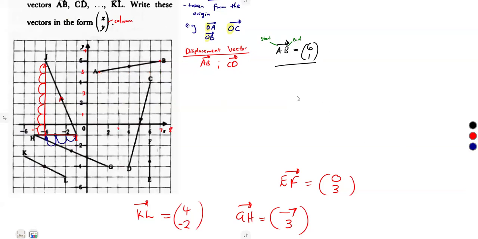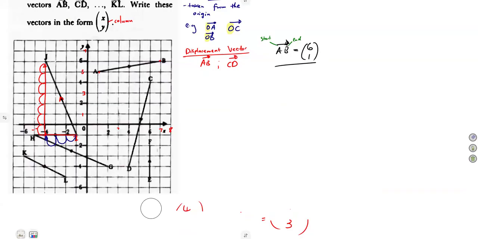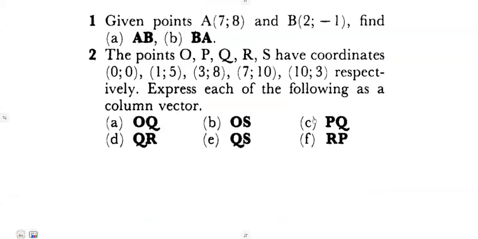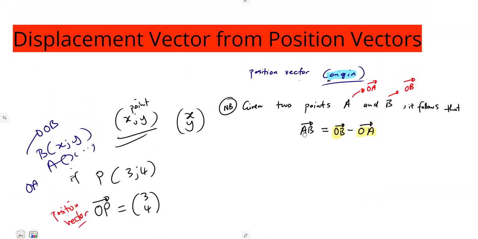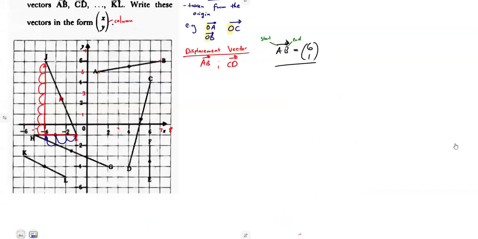So using this concept that we just discussed, that we can obtain the displacement vector from position vectors using the formula, let us determine the vector AB. It is supposed to be vector OB minus OA. Is what?